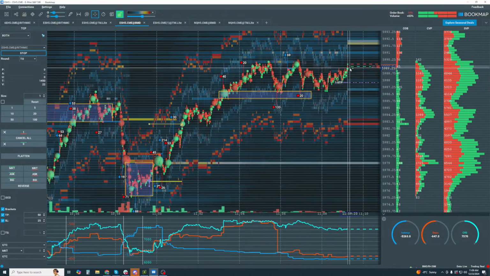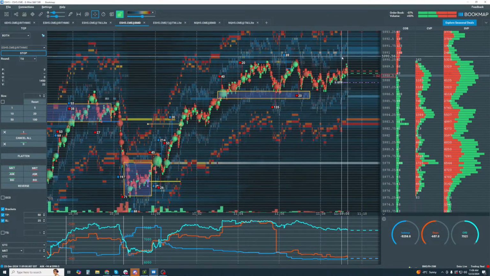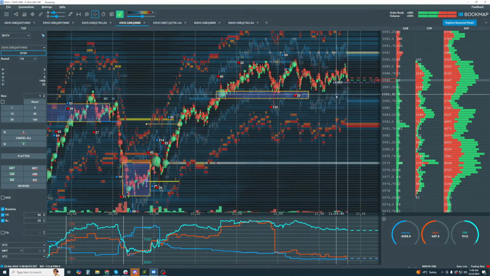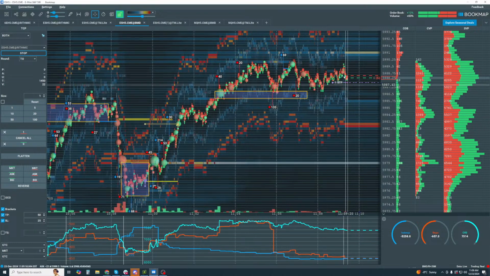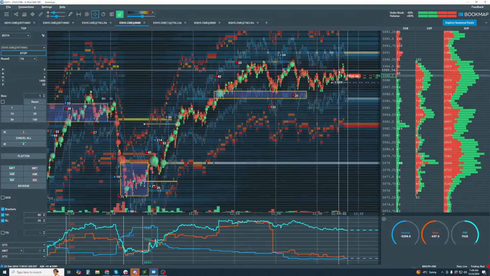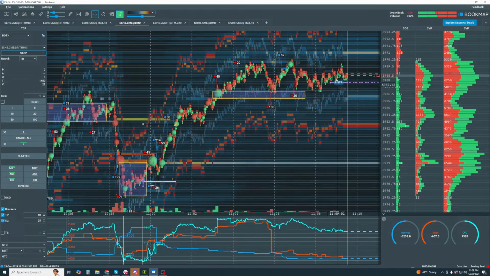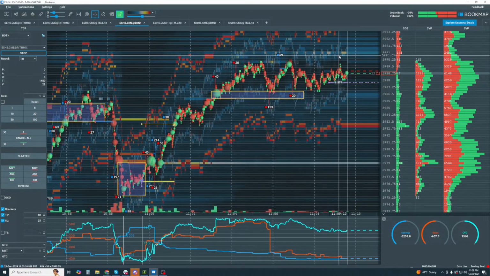Starting to find a few buyers in here now. And then there's a lack. All right, sellers, let's see what you've got then. Are you going to sell? We're not finding buyers in here. Are we going to find some sellers?